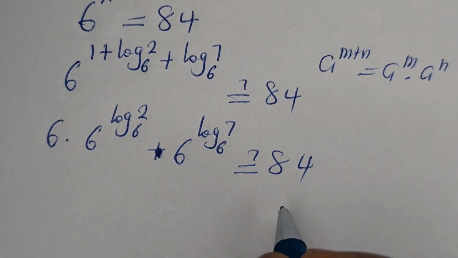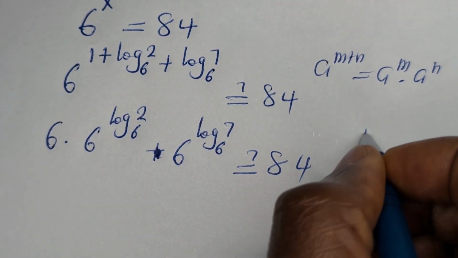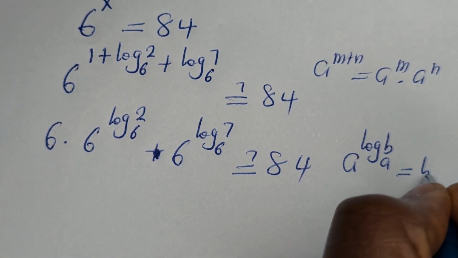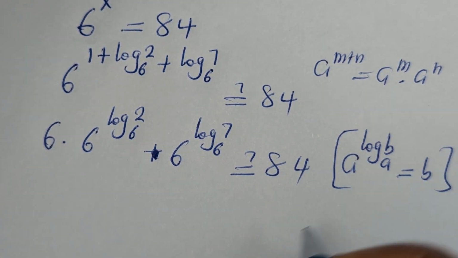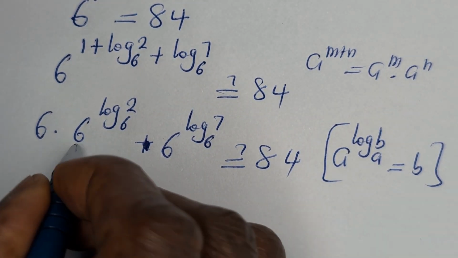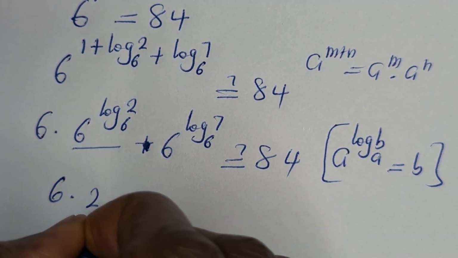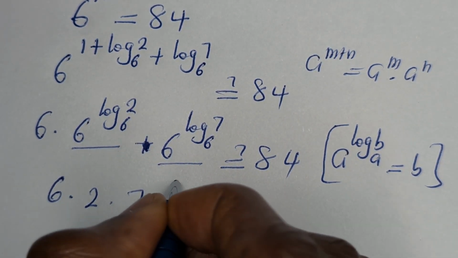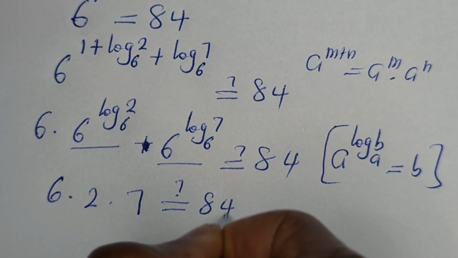Then if you have a raised to power log b base a, this is equal to b. This can be written as 6 multiplied by 2 multiplied by 7 must be equal to 84.